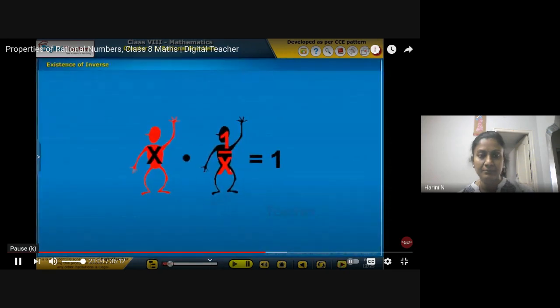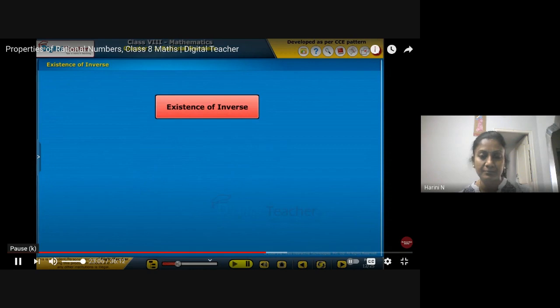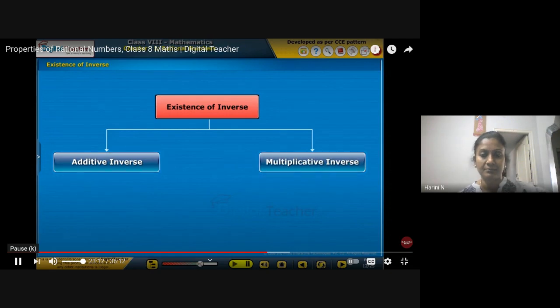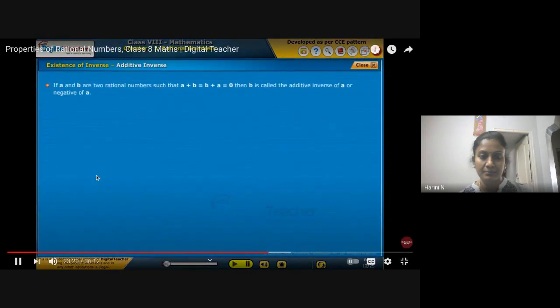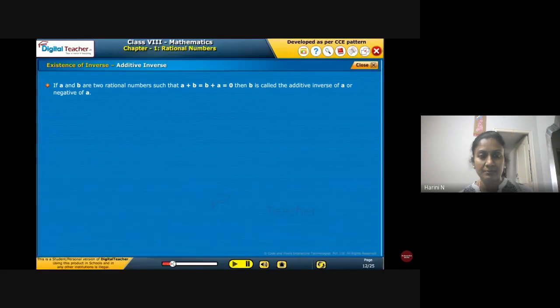Existence of inverse. Existence of inverse is of two types. They are additive inverse and multiplicative inverse. Additive inverse. If a and b are two rational numbers such that a plus b is equal to b plus a equal to 0, then b is called the additive inverse of a or negative of a.